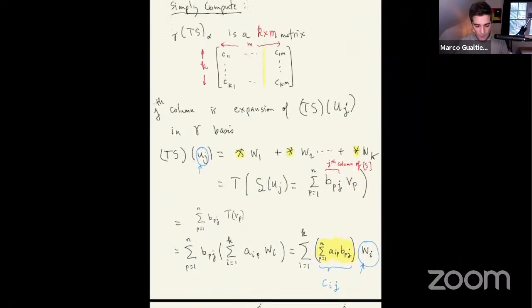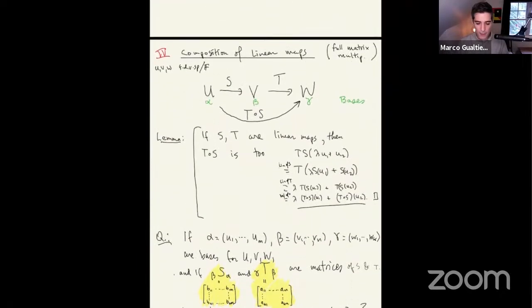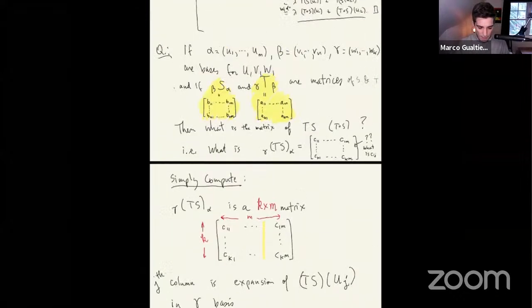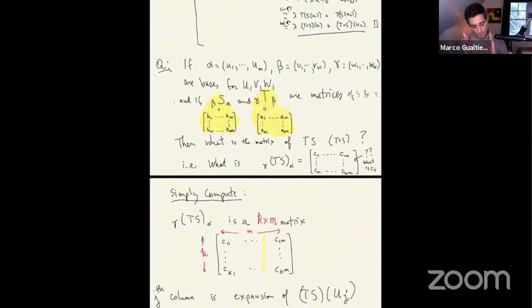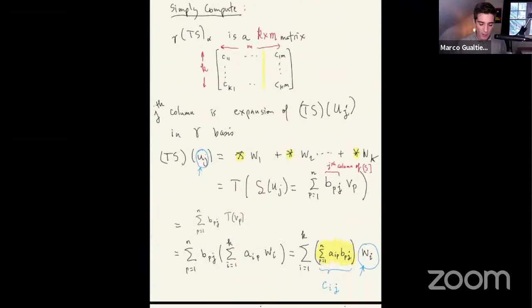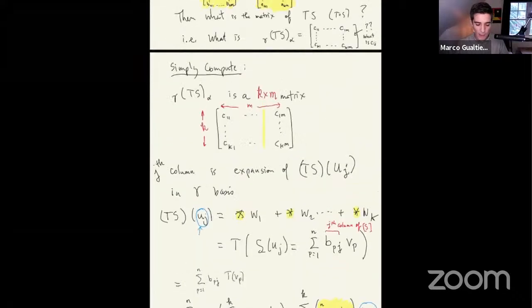So just completing it, the idea is that if you have a linear map and you describe it explicitly, and you have another linear map which you describe explicitly, and you're using the same basis in the middle, right?